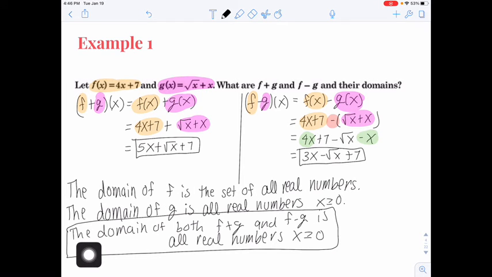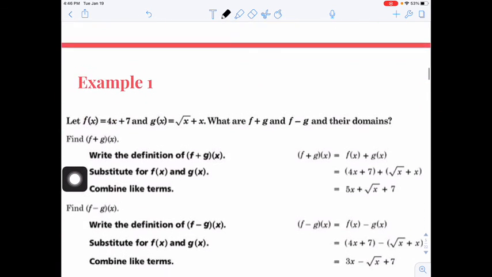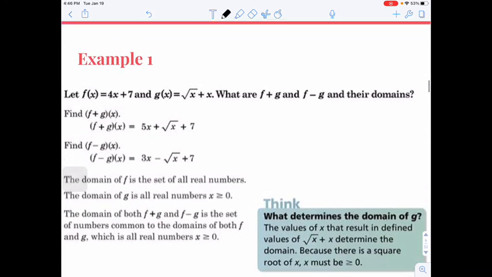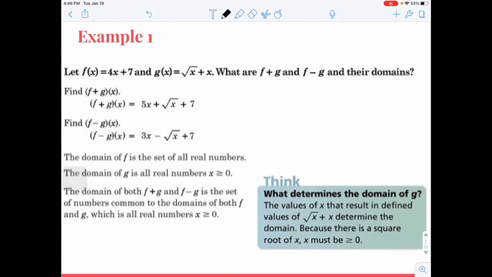Therefore, the domain of f plus g of x and f minus g of x has to be all real numbers x greater than or equal to 0. The domain of f plus g of x and f minus g of x has to satisfy both the domain of f and g. The work for this problem is written out on the next slide, along with the explanation of the domain.